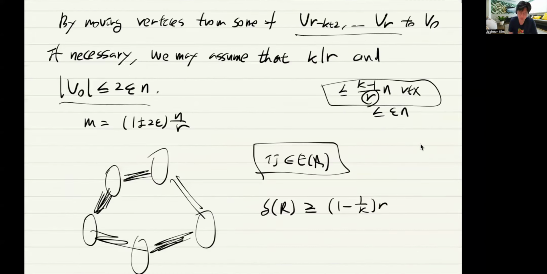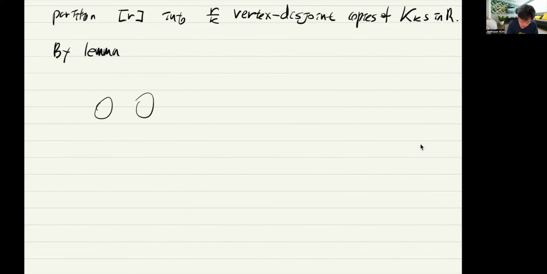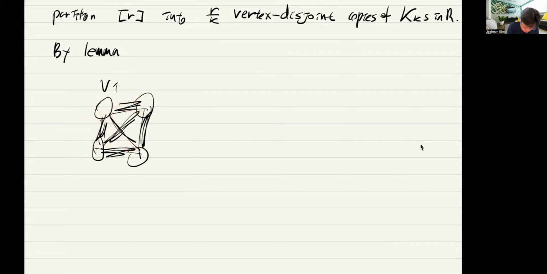In other words, for each part, if this is your K_K, for each Bi, you choose all the vertices which have too low degree to here, or to here, or to here, then you can delete them. And if you want, you can delete a bit more to make sure that the number of vertices here is exactly as you want it.